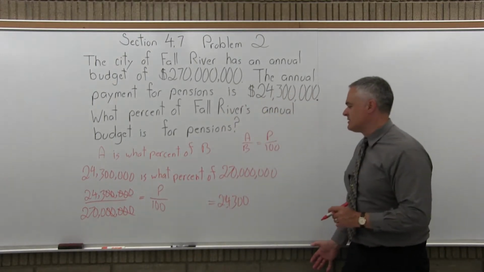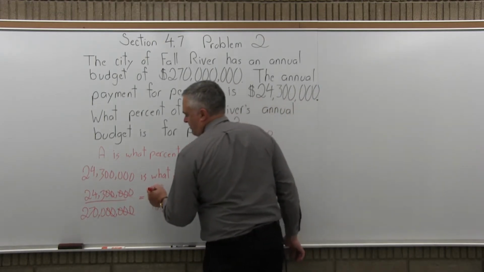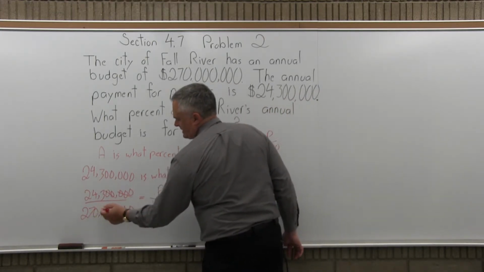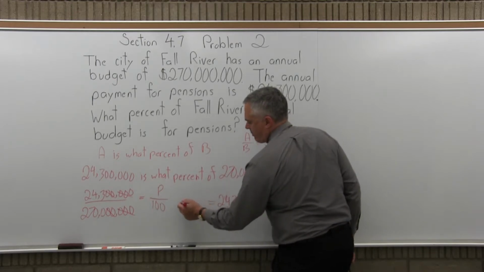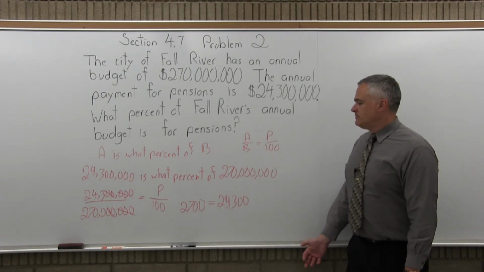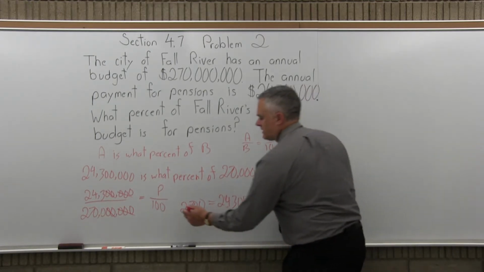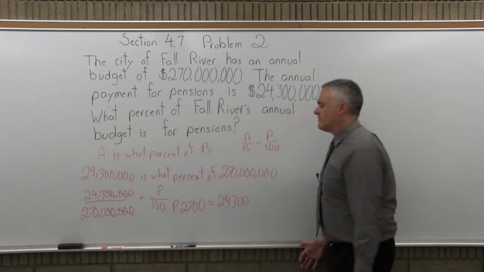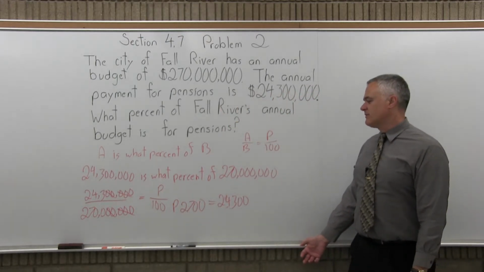So it would be 24,300. And then P times 2,700. Oops, forgot the P. P times 2,700 is 2,700P, or P 2,700.